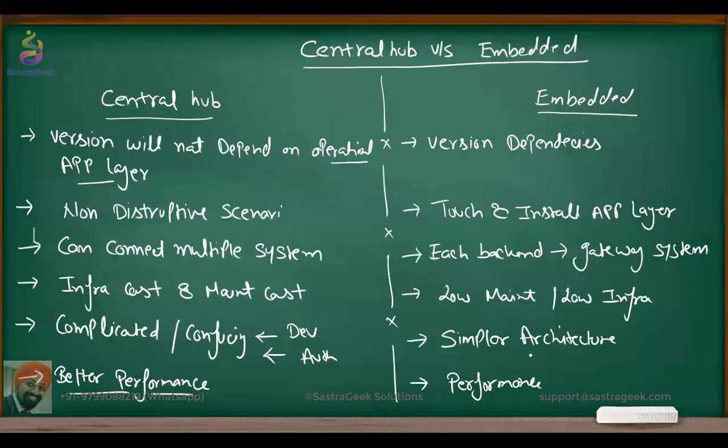We went to SAP and we were not getting good performance. I don't know the exact technical reason. SAP asked us to go ahead with the central hub one, and when we did, our performance became better for Fiori. SAP is working so that embedded performance would also be good. It's not that it has very bad performance, but we found that in some scenarios you would get better performance in the central hub scenario.